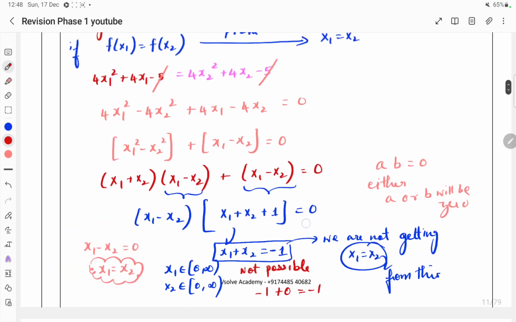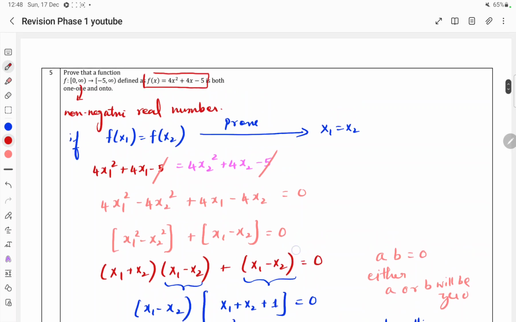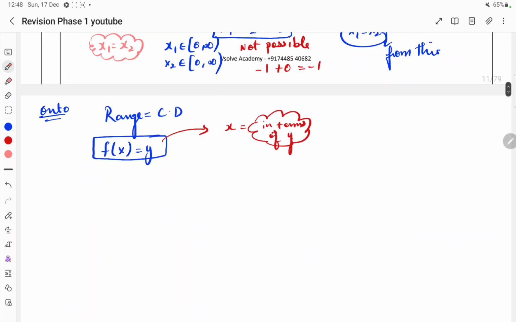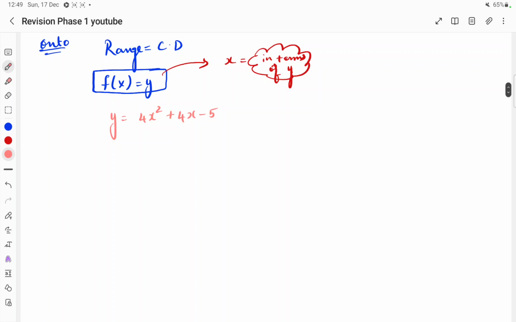So what is given in the question is y equal to 4x square plus 4x minus 5. Whenever we have a quadratic equation in this form, to write x we have to find the roots.